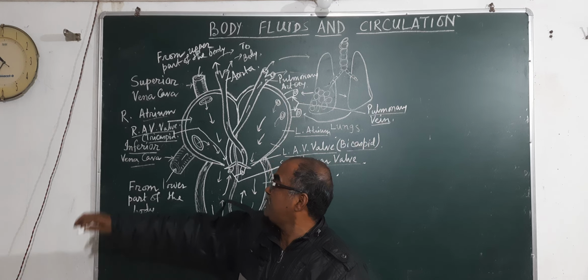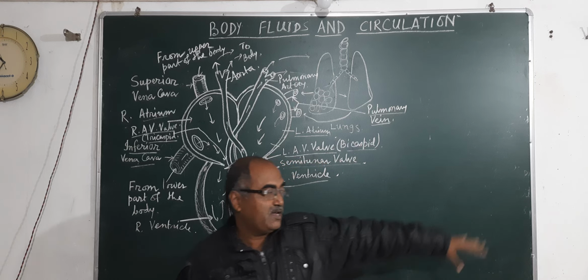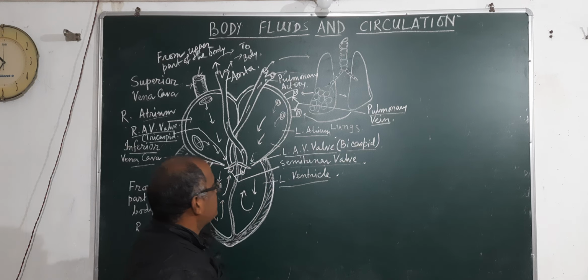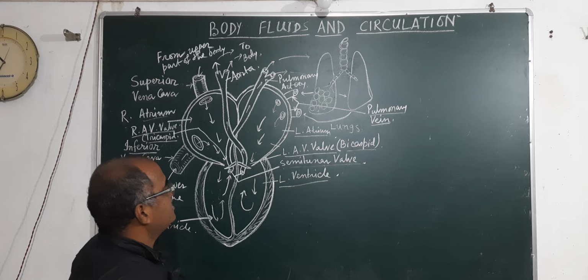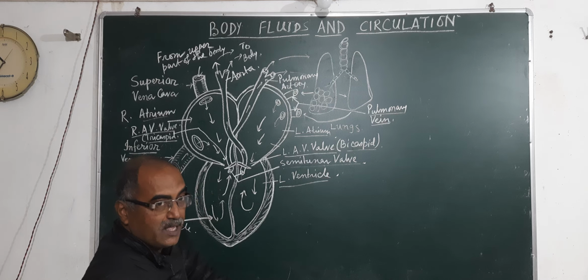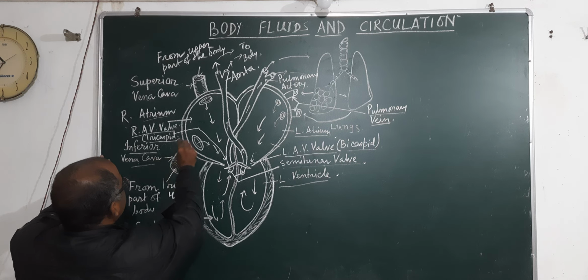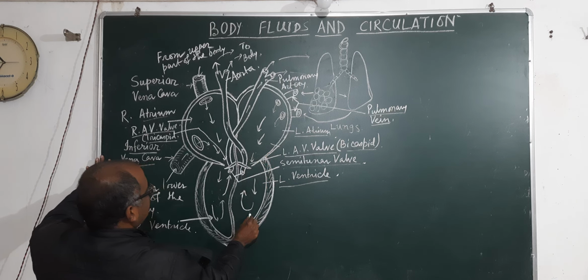So this is the right atrium or right auricle, this is the left atrium or left auricle. You are seeing my heart from here, so it is just the opposite. Please don't confuse. Most students confuse in exam time which one is right, which one is left. Therefore, for the basic concept I am telling: this is right atrium, right ventricle, left atrium, left ventricle.